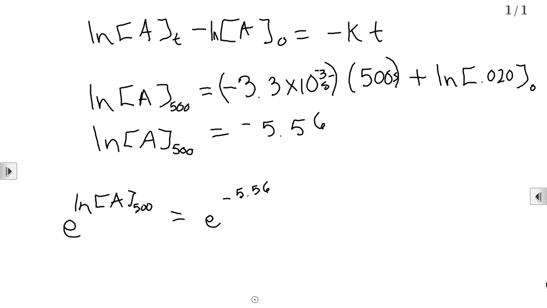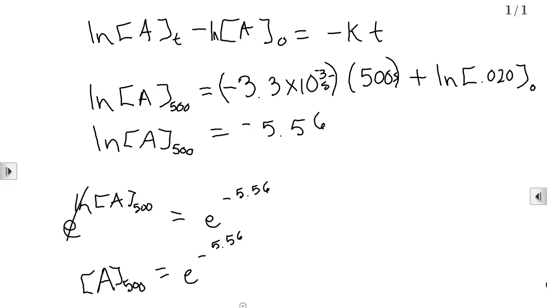What ends up happening when you raise e to the natural log of a number is those cancel, okay? They're inverse operations. So then I have the concentration at 500 seconds, the natural log went away, is equal to e to the negative 5.56.